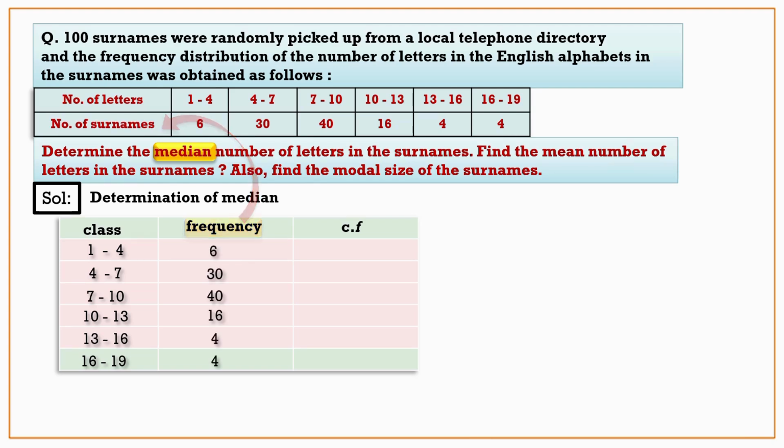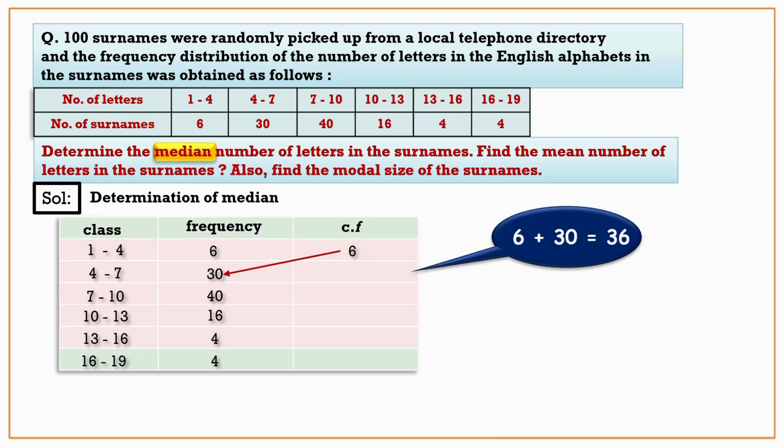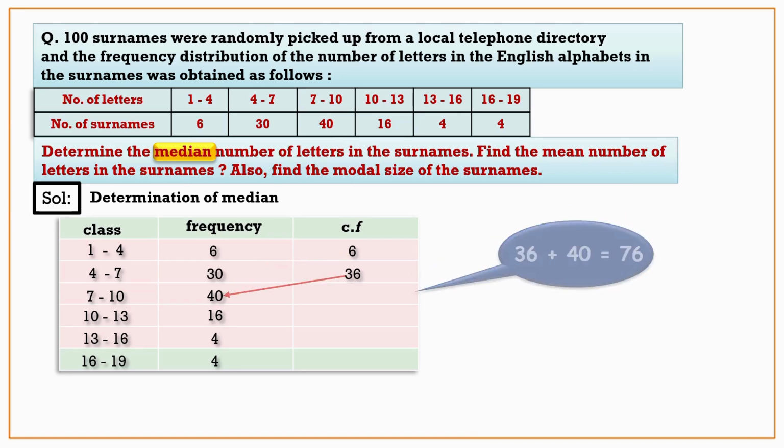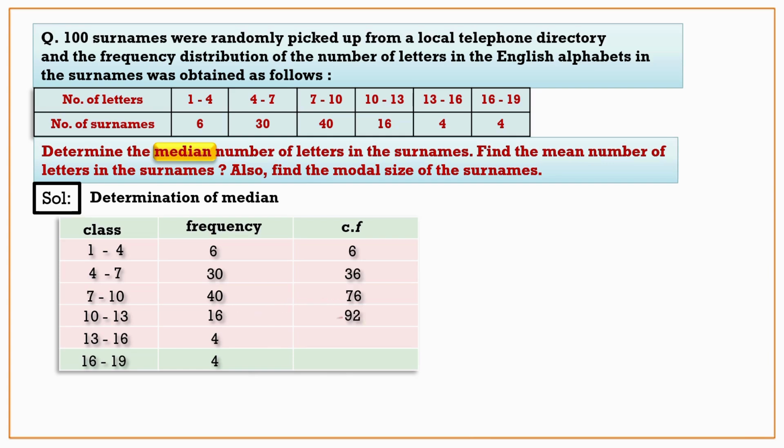Now copy the frequency. Now calculate the cumulative frequency. Just add the subsequent frequency and you will get the cumulative frequency. So let us do this process. Whatever value we get at the end will be the total frequency.